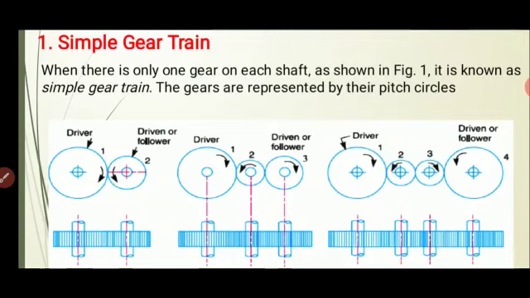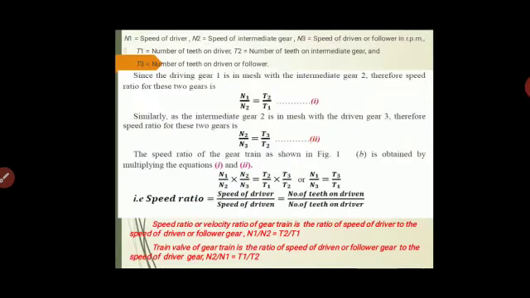With respect to this, first we are required to write the velocity ratio for gears 1 and 2, and then the velocity ratio for gears 2 and 3. The velocity ratio for gear 1 and gear 2 will be the speed of the driver gear to the speed of the driven gear, that is N1 by N2, and N1 by N2 is equal to T2 by T1. Similarly, for gears 2 and 3, the velocity ratio N2 by N3 is equal to T3 by T2.